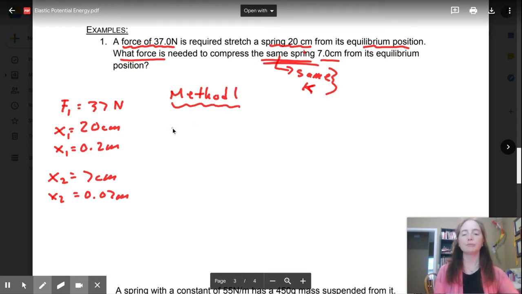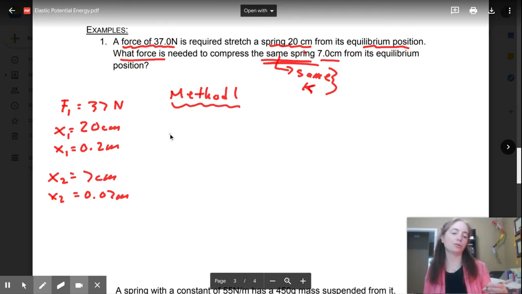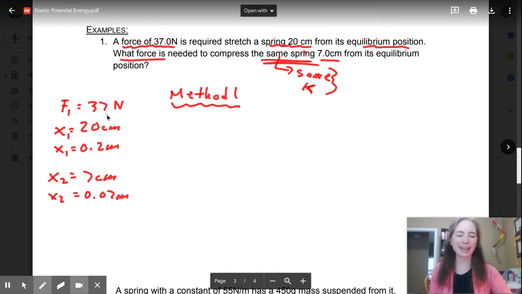Method 1 is I'm going to do 2 sets of calculations using the same equation, just rearranging it. I need to find k before I can find anything to do with my x2. Well, I can find k with my F1 and x1.